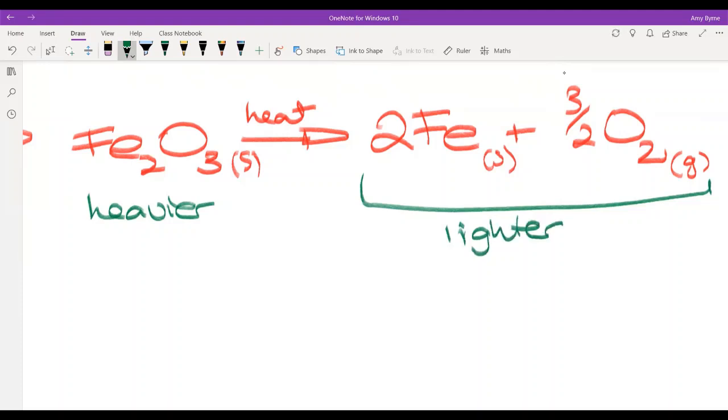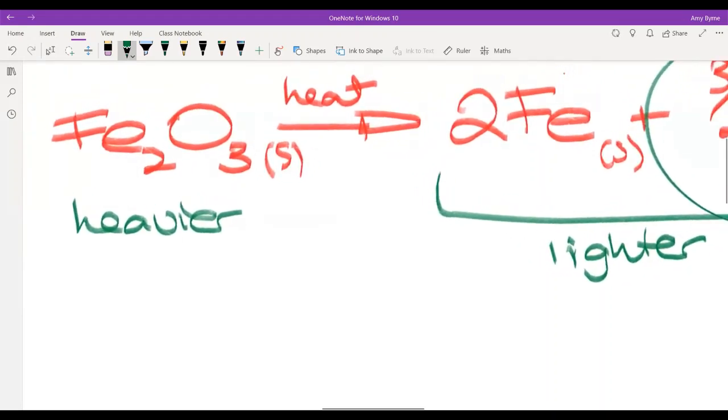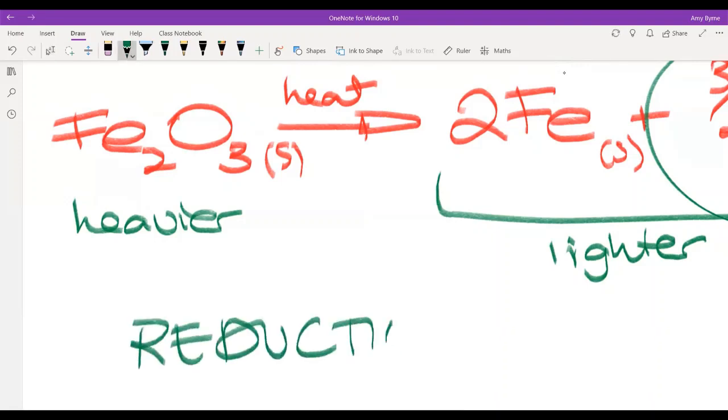Now, in terms of conservation of mass, we know that it isn't actually lighter, but because this oxygen escapes, as I purify iron, it goes from being heavier to being lighter. So this is a reduction reaction.